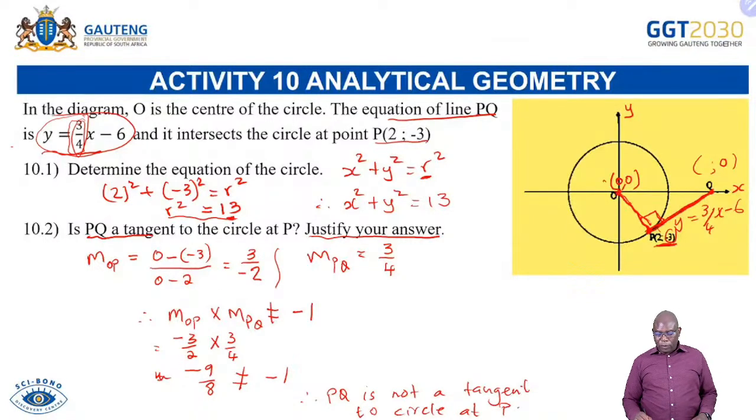We know that from the radius, if it's a tangent, it must give us negative 1. So that's how I justify my answer. So I'll say, no, it's not a tangent to that circle. Okay, right, now let's get to the next question.